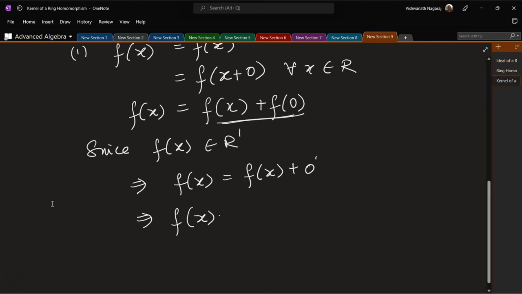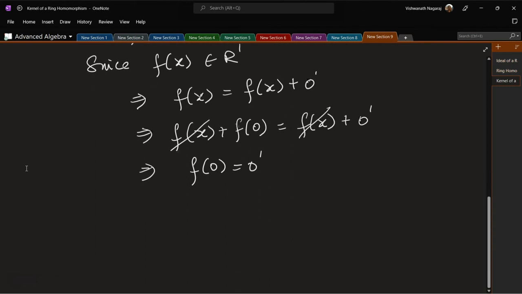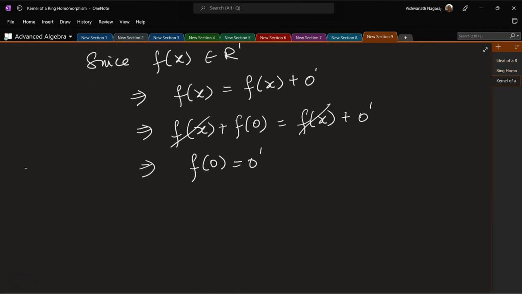So f of x plus f of 0 is equal to f of x plus 0 prime, right? Now these two get cancelled, left cancellation law. So we end up with f of 0 is equal to 0 prime. So 0 of R will map to 0 of the R prime. That is our first one.